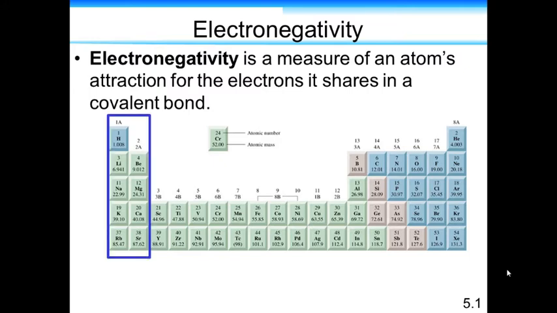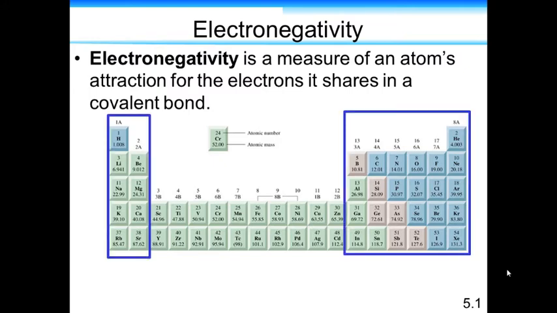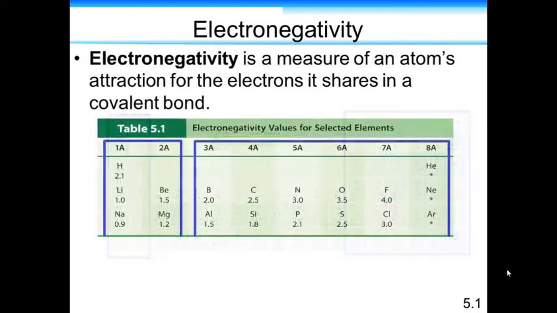We're going to be looking at just the main group elements and ignoring the transition metal elements for now. We won't be calculating electronegativities. The values for electronegativities will always be given, or you can look them up.